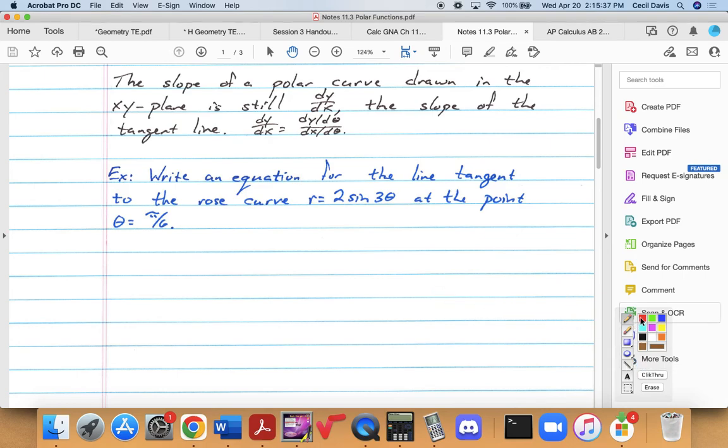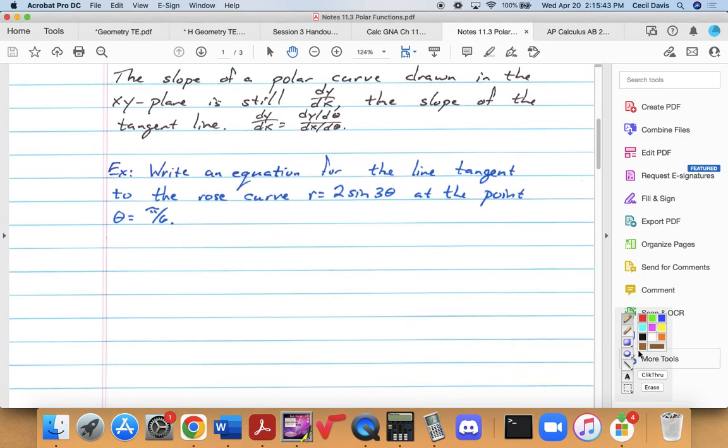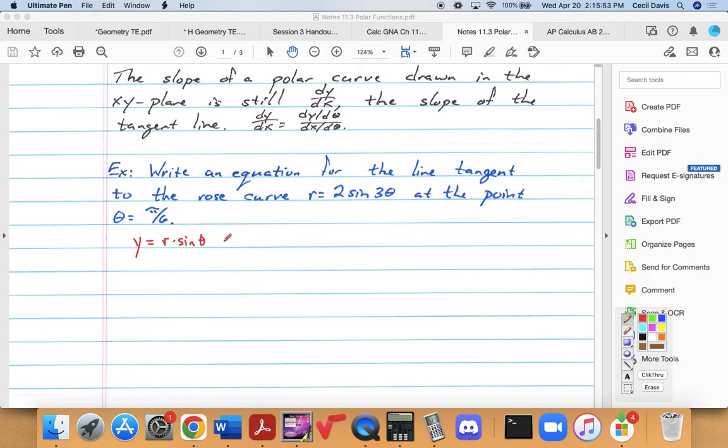So let's jump in. First, what is y equal to? Well, remember, y is r times what? Times sine of theta. So that's going to be 2 sine of 3 theta times sine of theta.